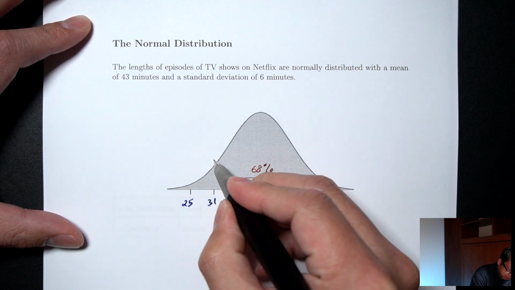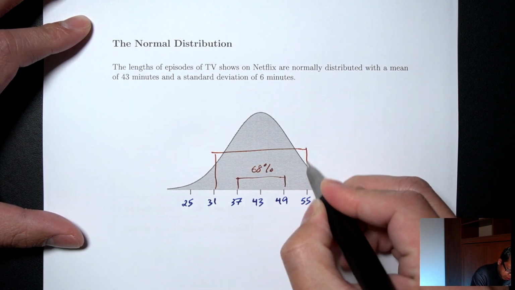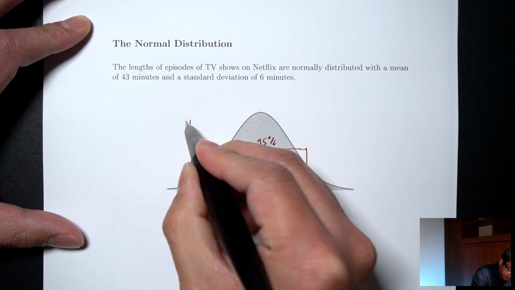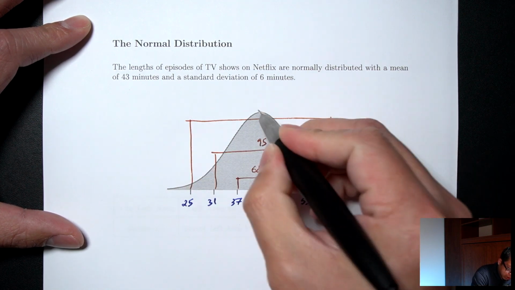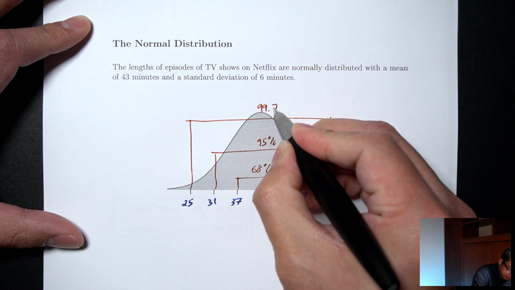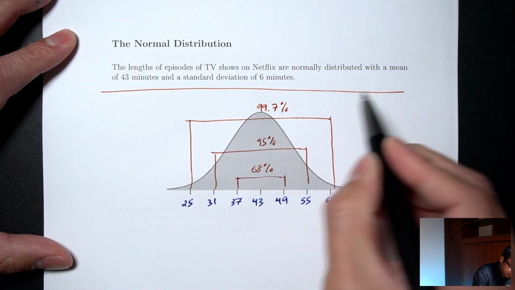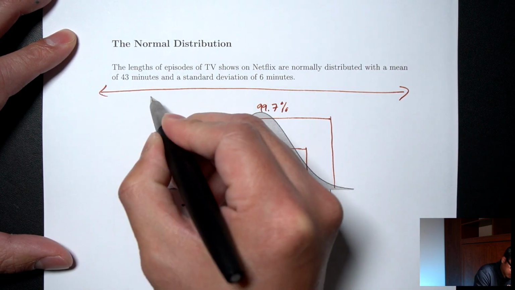Between 2 up, 2 down is 95% of the data. And then between 3 up, 3 down is 99.7% of the data. And then the entire picture is 100%.